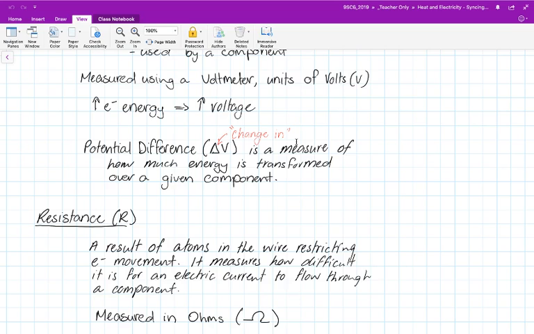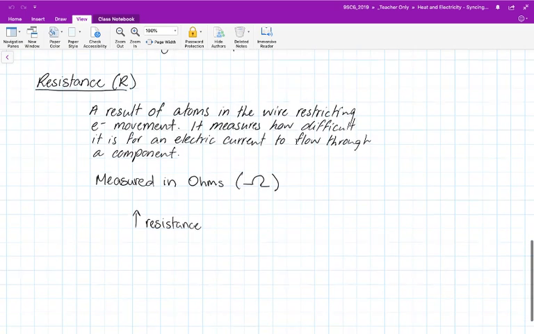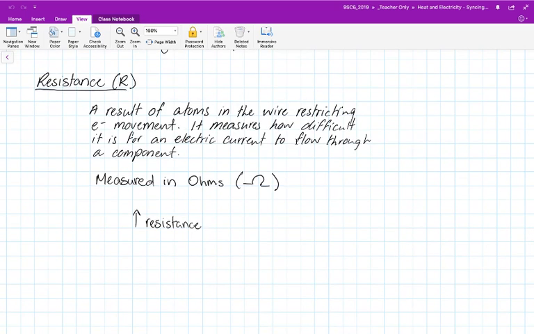As with our sour worm activity yesterday, you could notice that when you increase the resistance, you're going to increase the level of difficulty. That's what happens with resistance.